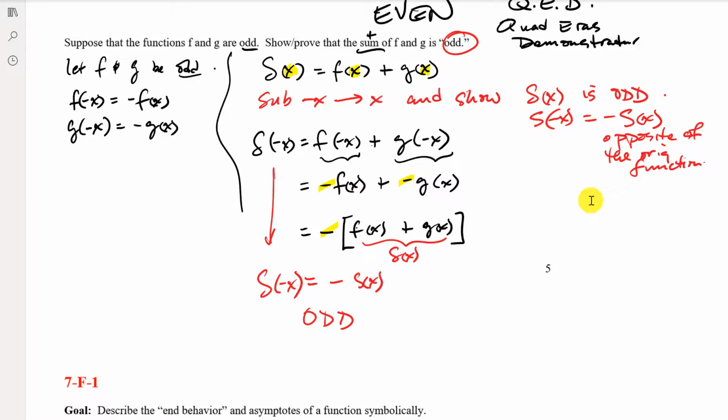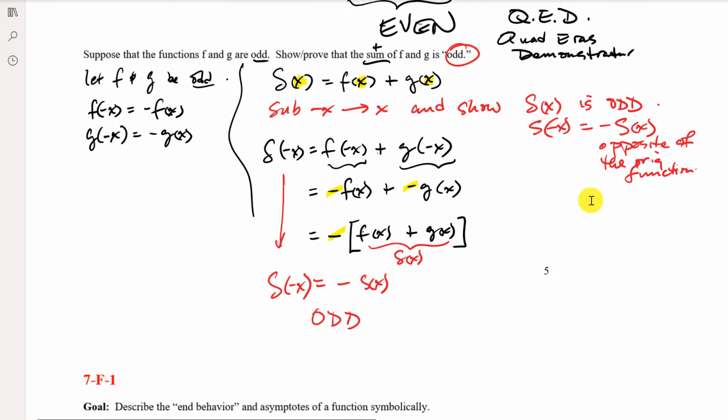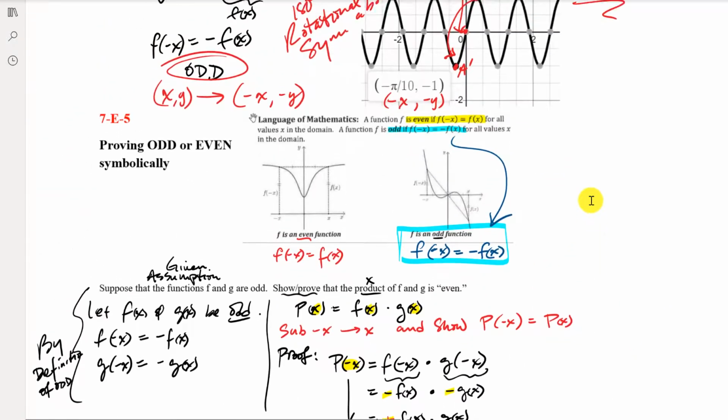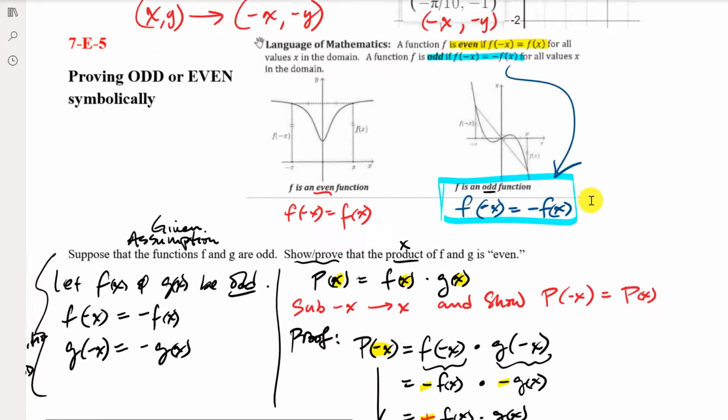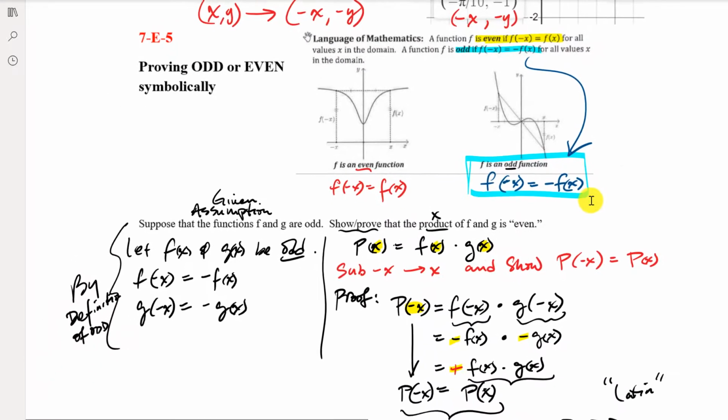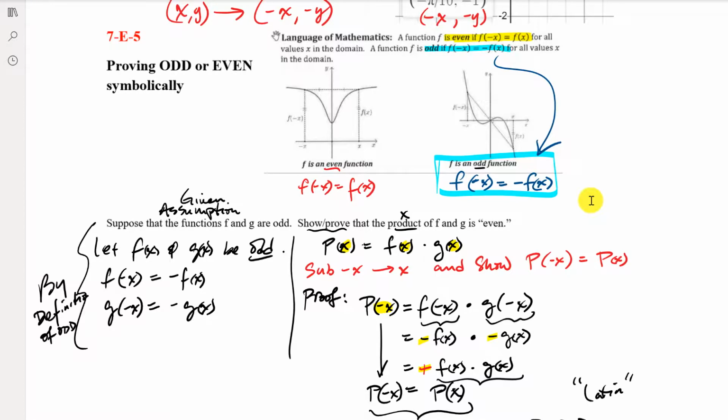Again, this is a formal symbolic proof of showing that something's odd, and this takes some getting used to. So the fifth activity, this is 7E5, I think. Yeah, 7E5. This takes some getting used to, and this will take practice. When I was in college at Cal Poly Pomona, the proofs were obviously a lot harder than this, proving calculus theorems and doing epsilon-delta proofs and all that.